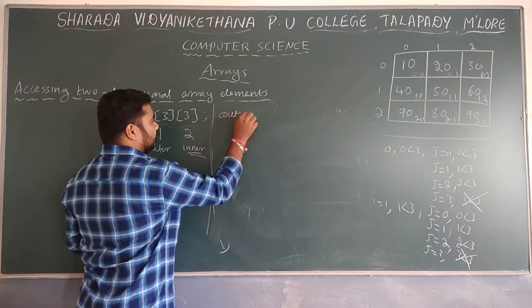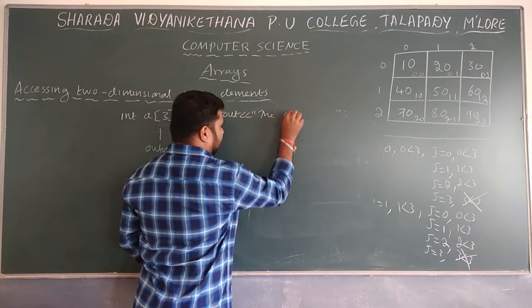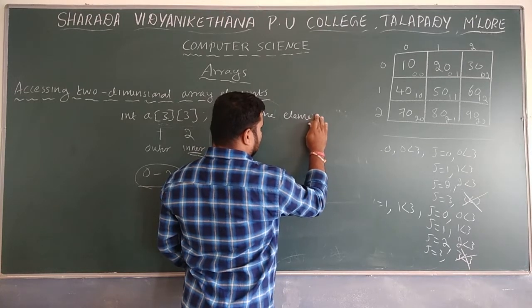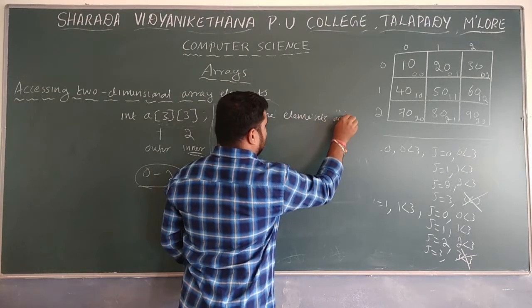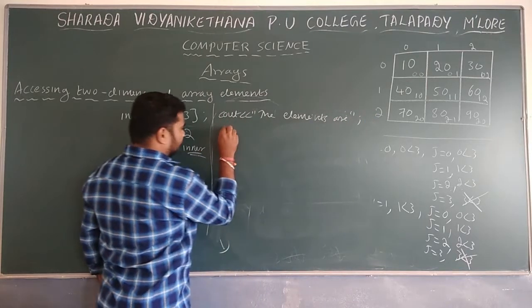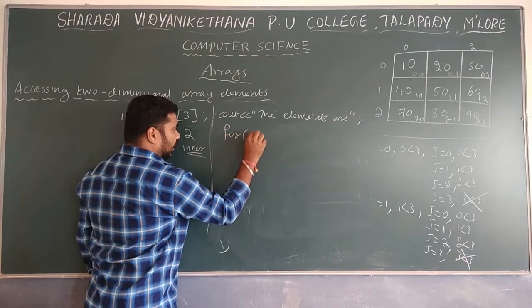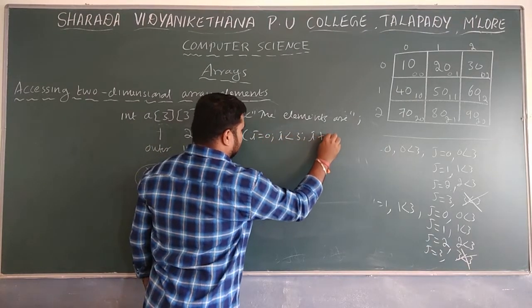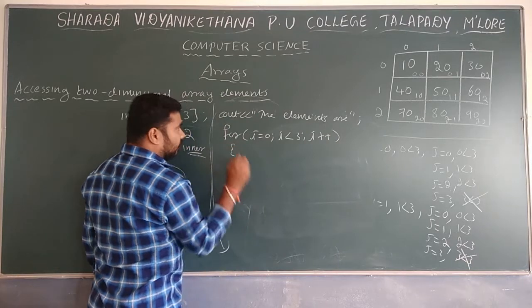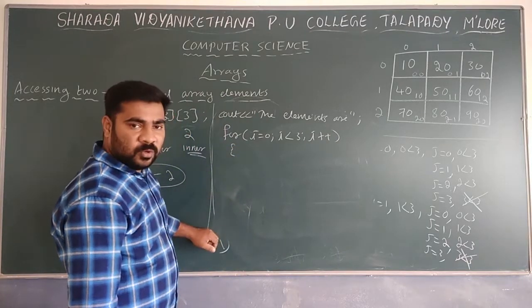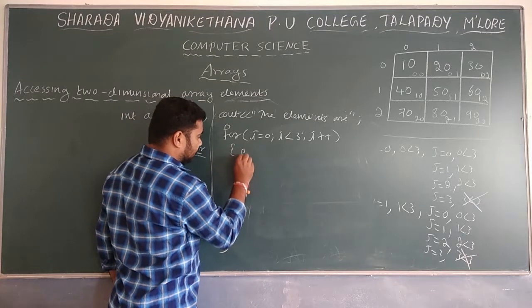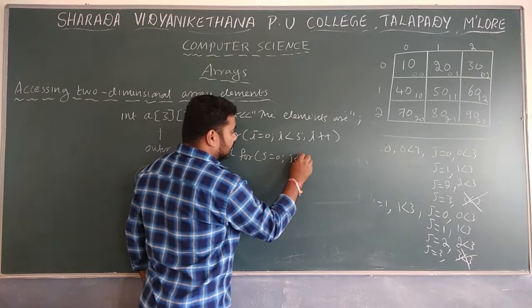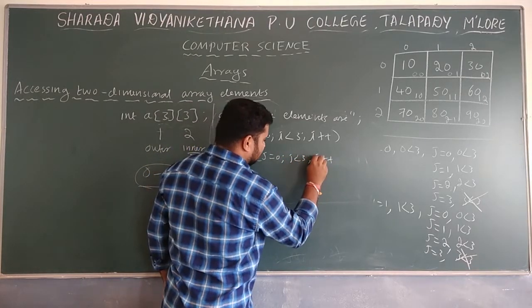See, the elements are. Then I can write cout, the elements are. Then the first for loop: i equal to 0, i less than 3, i plus plus, first for loop and open the bracket, and I can use one more, the second for loop: for j equal to 0, j less than 3, j plus plus.